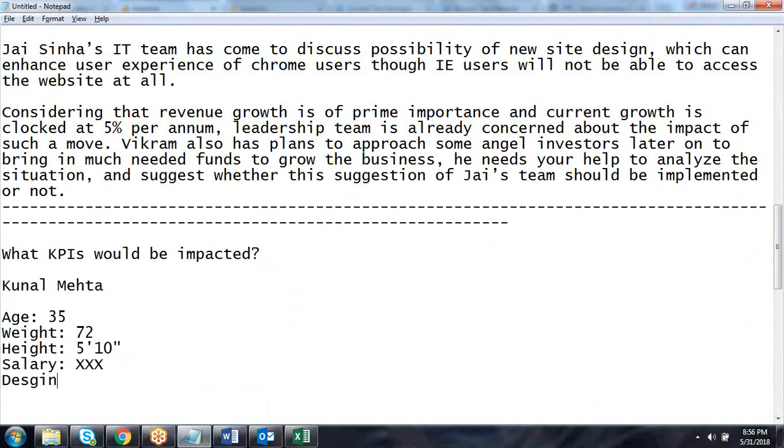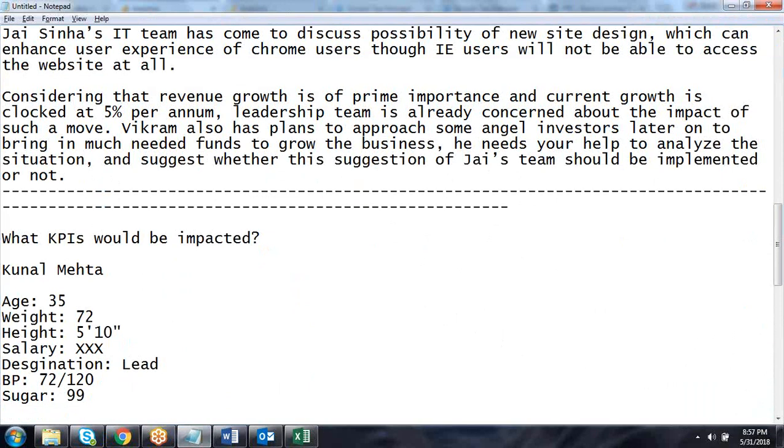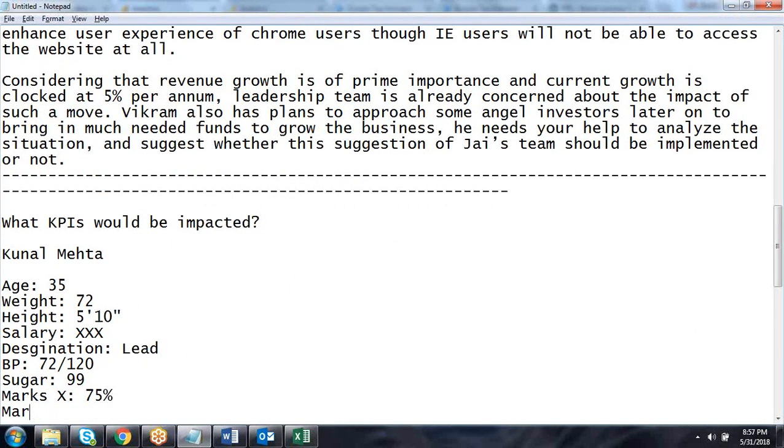I have a designation, lead, and then I have my blood pressure, 72 by 120. I have my sugar level, 99. I have my marks in class 10th, 75%.